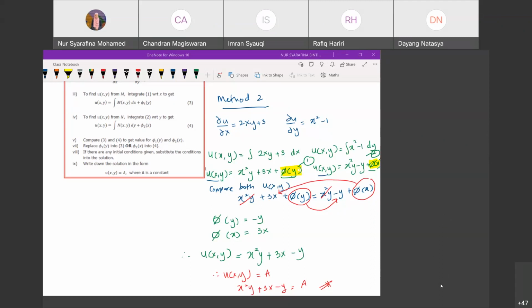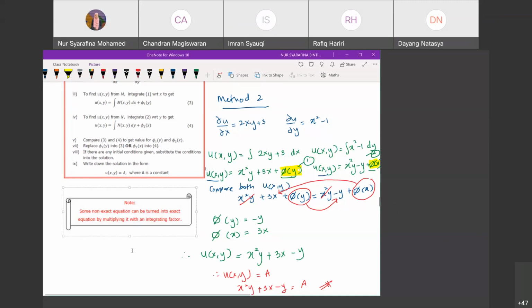Some non-exact equations can be turned into exact by multiplying them with integrating factors. Now you know how to find the solution of an exact equation.